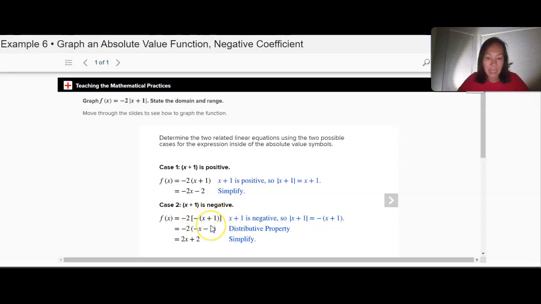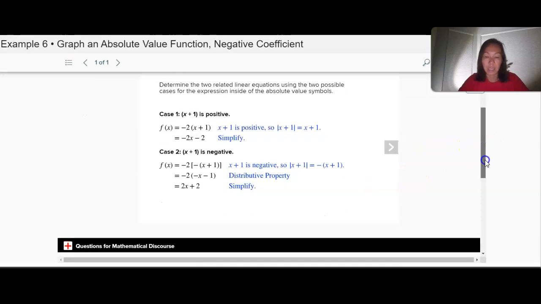So if x plus 1 is negative, then what comes out is the opposite of x plus 1, the whole quantity x plus 1. So I would multiply this negative 2 times the opposite of x plus 1, which if I distribute that negative 1 and simplify that, then these are my two cases here.